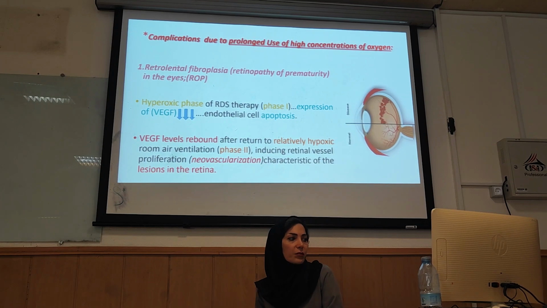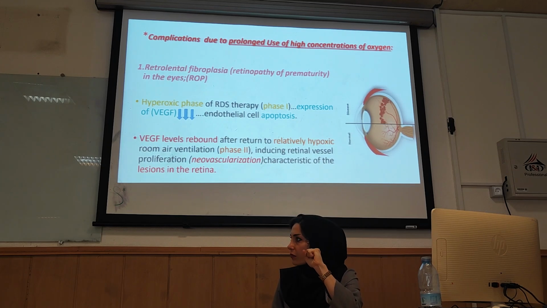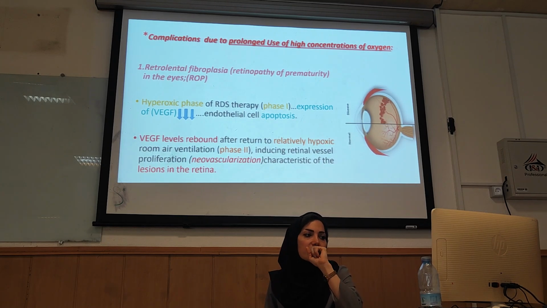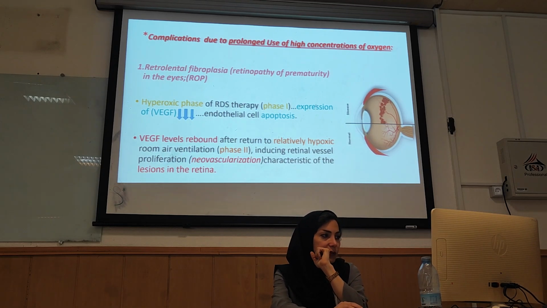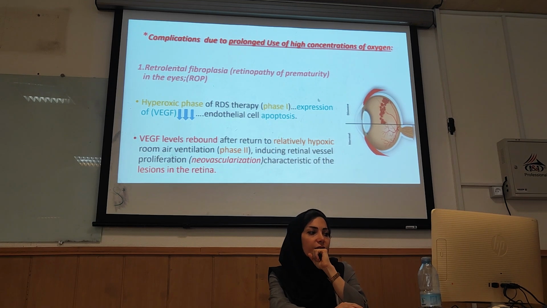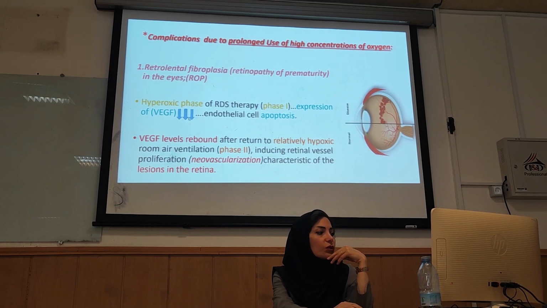Retinopathy of prematurity means proliferation of the capillaries in the retina. So these infants, after treatment of RDS, may have problems with their visual acuity because the hyperoxic phase can lead to downregulation of VEGF and the endothelial cells in their retina.